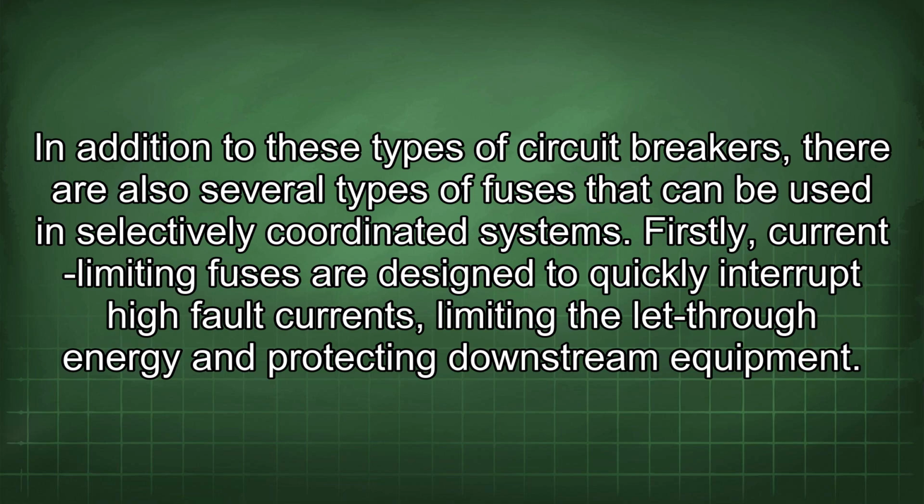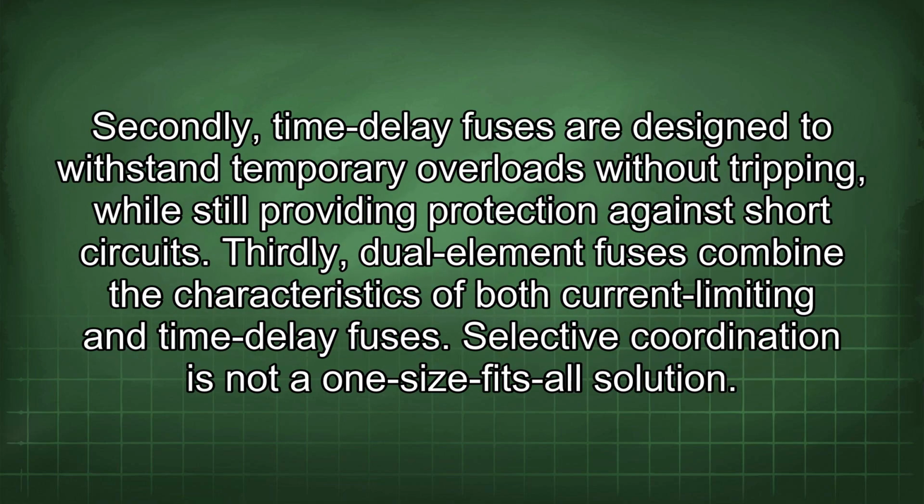Firstly, current-limiting fuses are designed to quickly interrupt high fault currents, limiting the let-through energy and protecting downstream equipment. Secondly, time delay fuses are designed to withstand temporary overloads without tripping, while still providing protection against short circuits. Thirdly, dual-element fuses combine the characteristics of both current-limiting and time delay fuses.